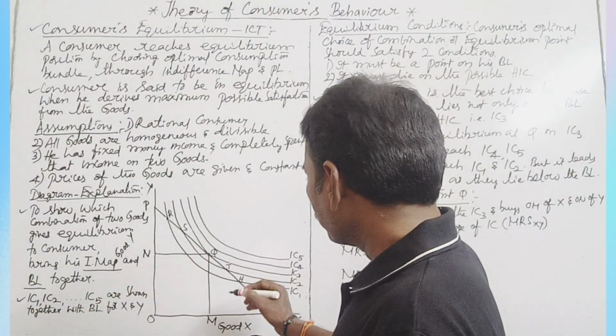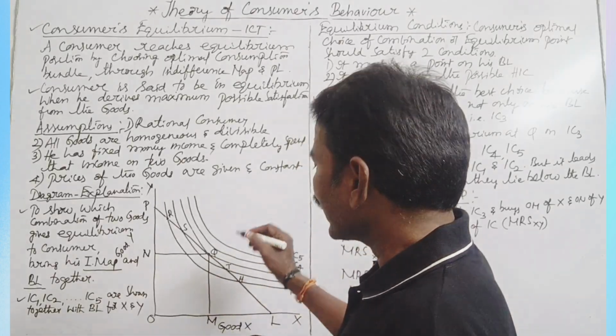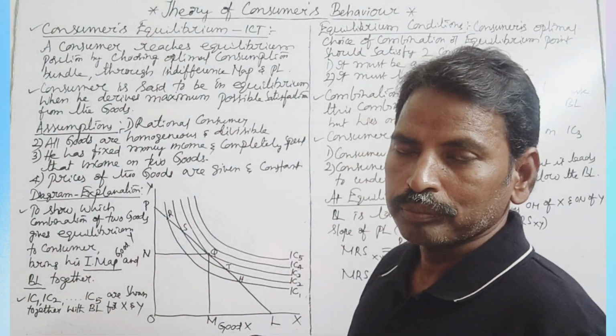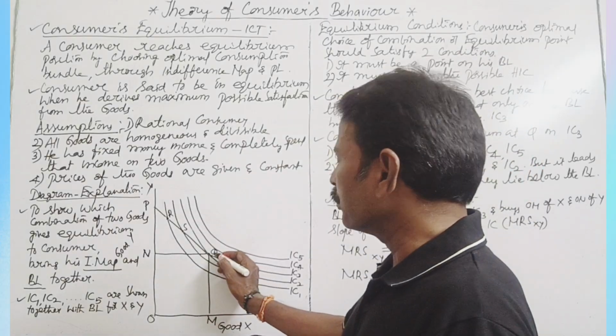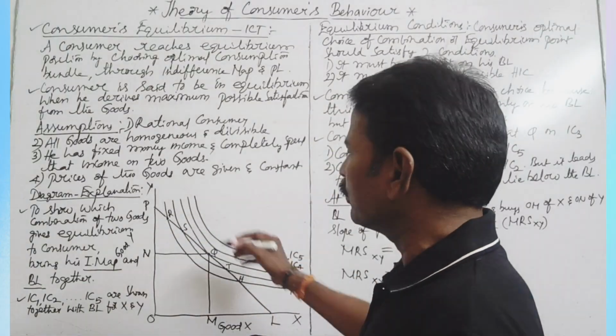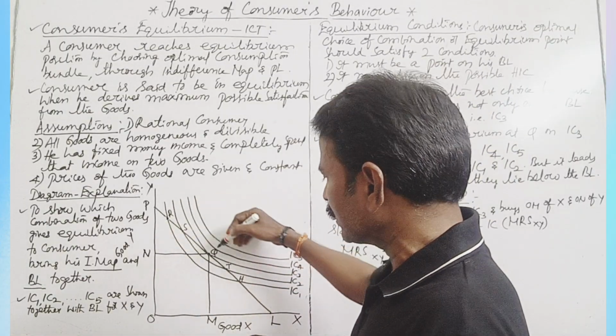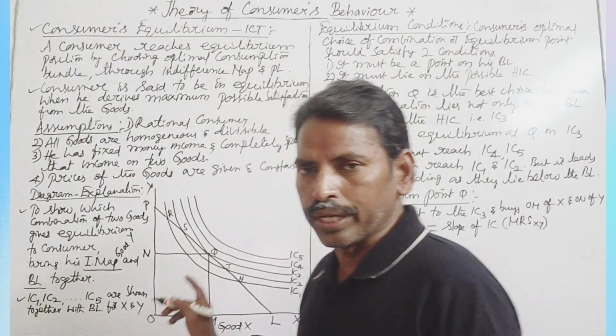Identify the midpoint of the price line where IC3 is a tangent to the price line. Price line is a tangent to IC3. That is called Q. And where indifference curves touch the price line, you identify the points R, S, Q, T, H. Right, this is the diagram.